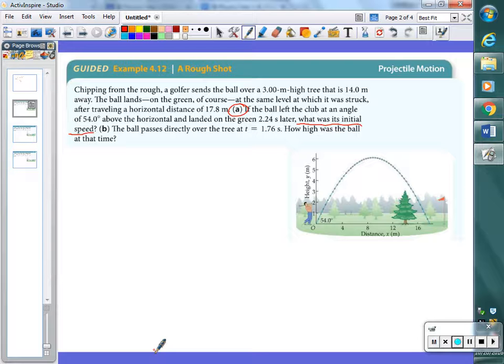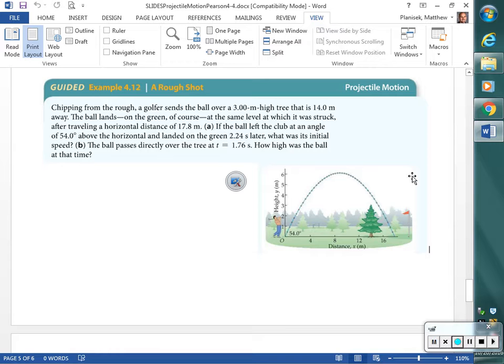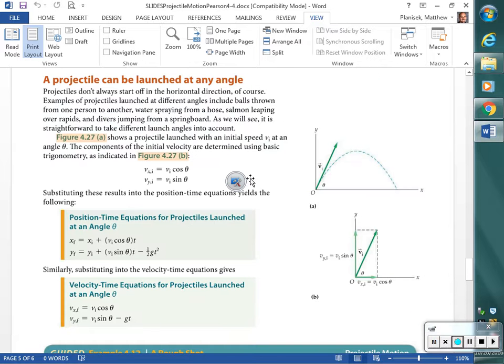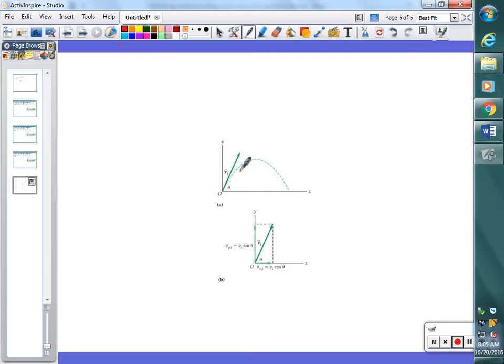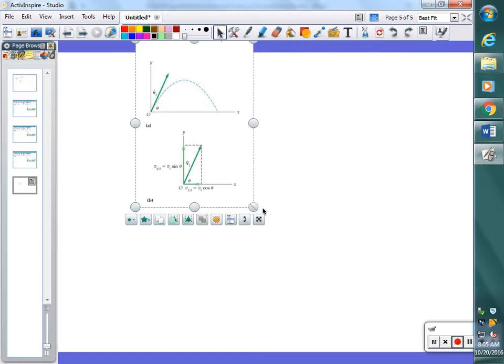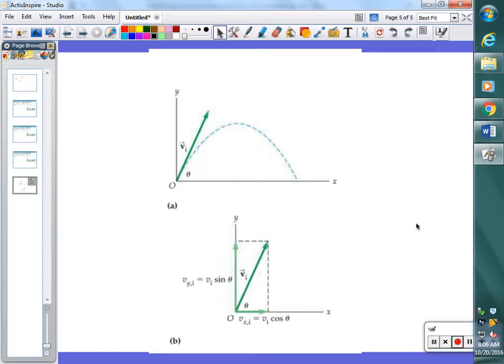So, you see on the sheet that I gave you today, over on the right-hand side up at the top, there are these two pictures. These two pictures represent important concepts dealing with projectile motions.